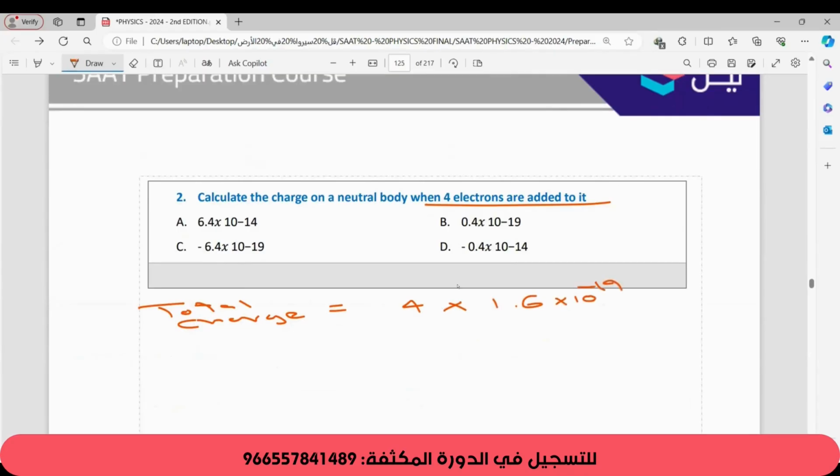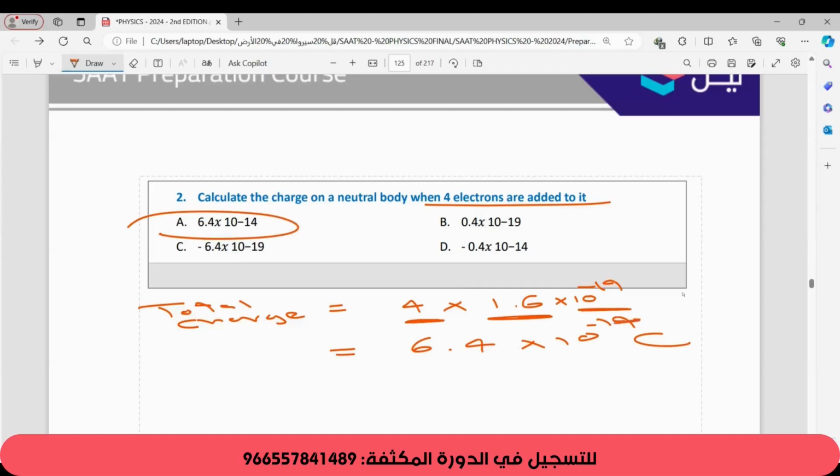Nothing will multiply with 10, so we keep it as it is. Only 1.6 times 4, which will be 6.4. So what is the answer?